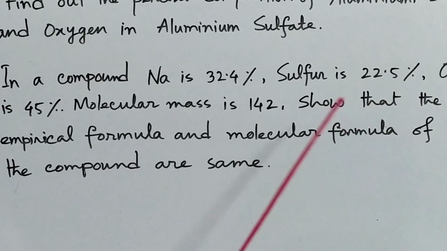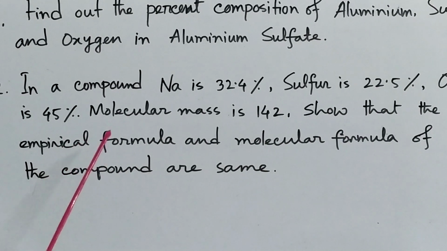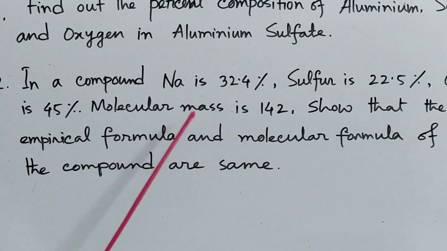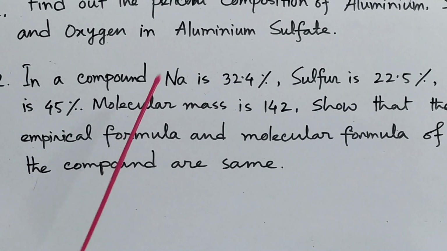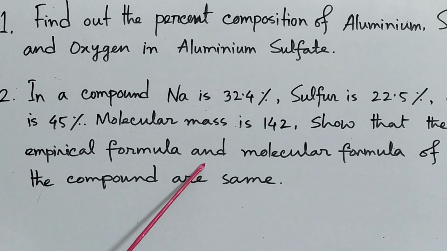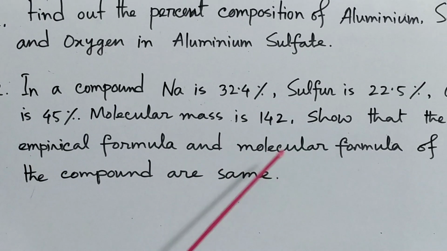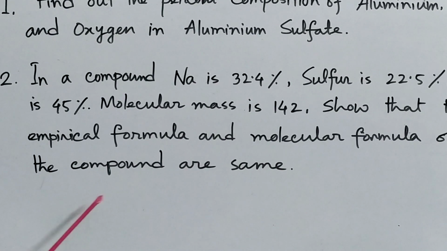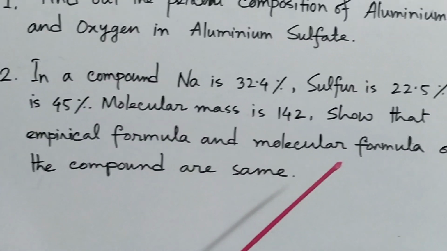You have to show that the empirical formula and molecular formula of the compound are the same. I have shown how to find the empirical formula and also the molecular formula. So you will see that in this case both formulas will be the same, so you just write that we see the empirical formula and molecular formula of the compound are the same.